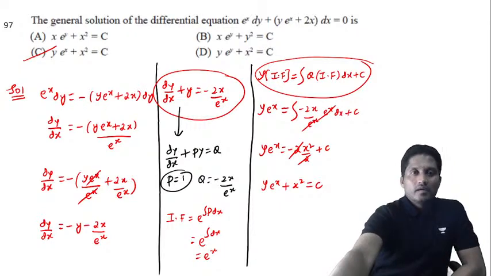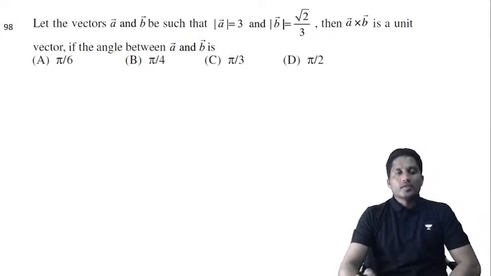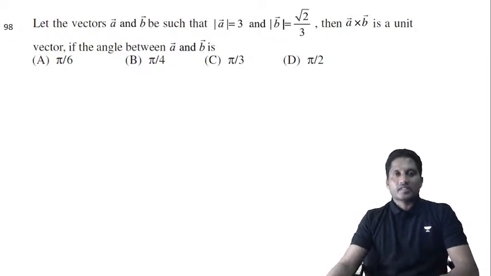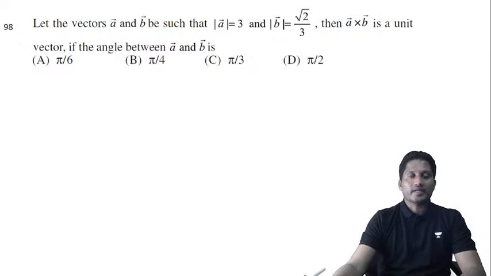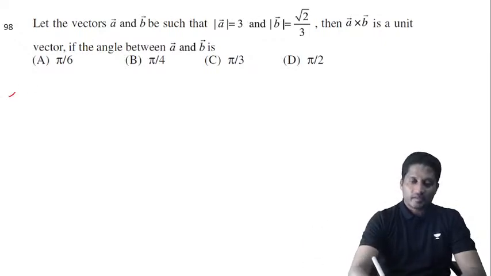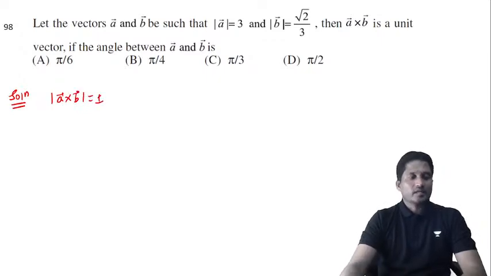Right? Let's move to the next question. Question number 98. Let the vectors a and b be such that mod a is equal to 3, mod b is equal to root 2 by 3. A cross b is a unit vector. Then what's the angle between a and b? Okay, and now a cross b is a unit vector, right? So this means that modulus of a cross b is 1, right? It's a unit vector, right?